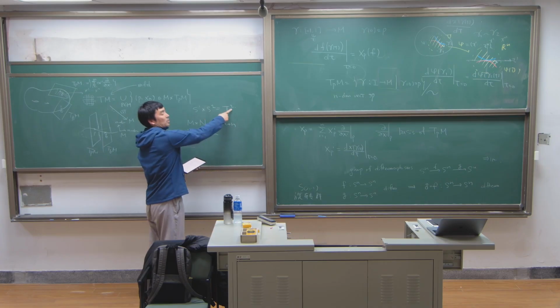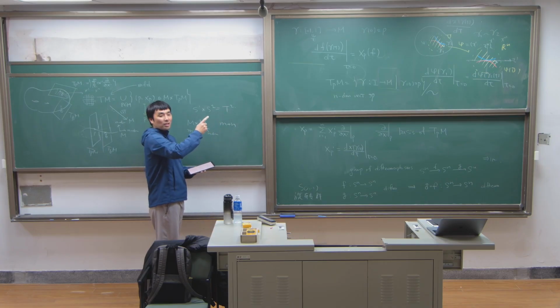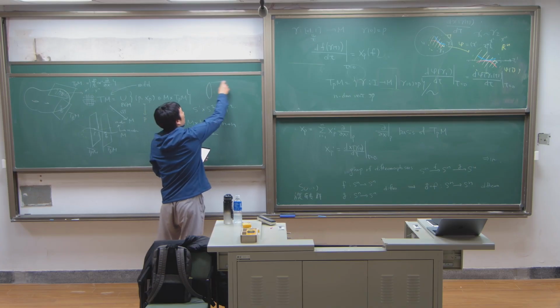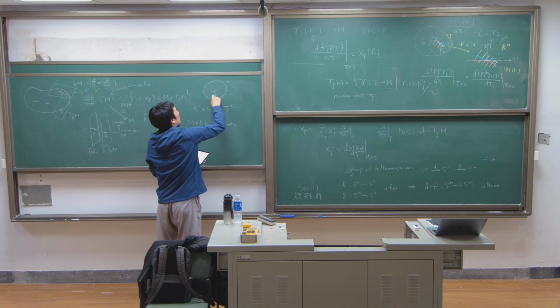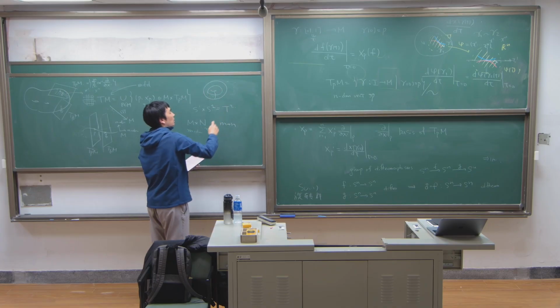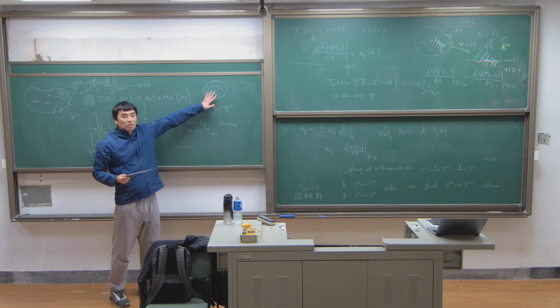It's just 1 plus 1 equals 2-dimensional. It's not 1 times 1. S1 times S1, you get a 2-dimensional surface.